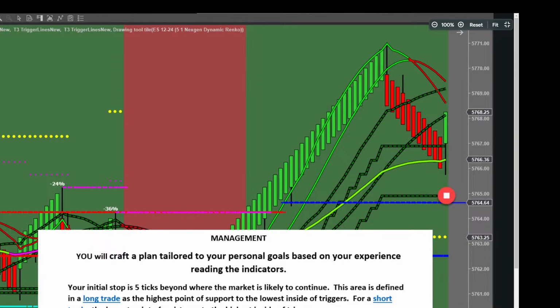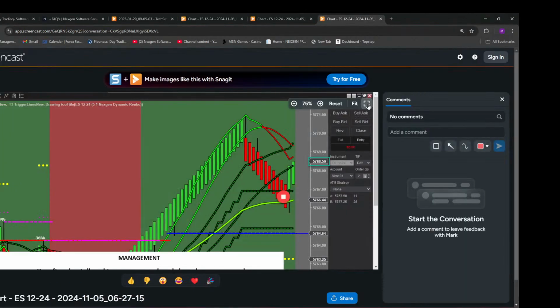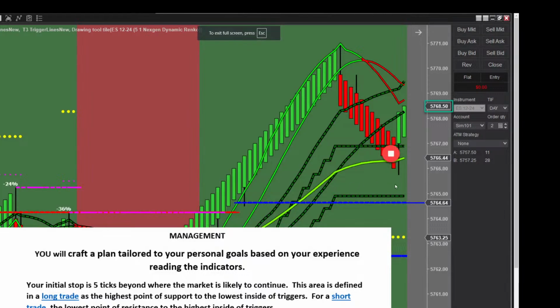Your first target is only $100 away from that great entry. And if they don't get that tiny little stop and they go to that first target, that's $100. One contract comes off, it goes into your account, it creates confidence. Your sweaty palms dry up, and guys, you're gonna move your stop to break even.